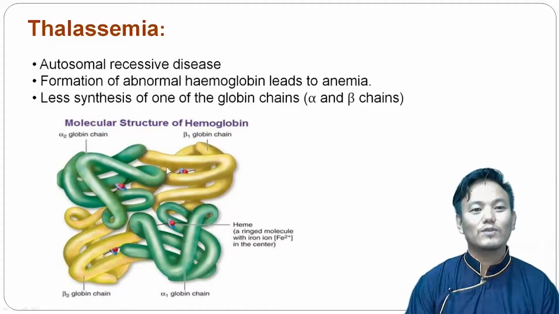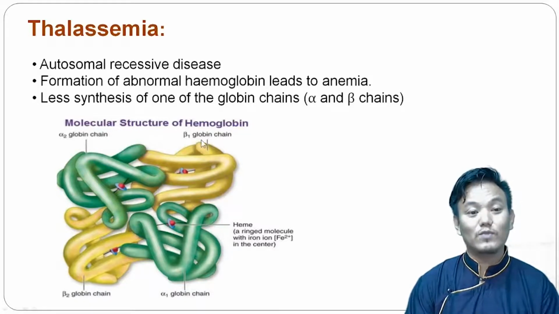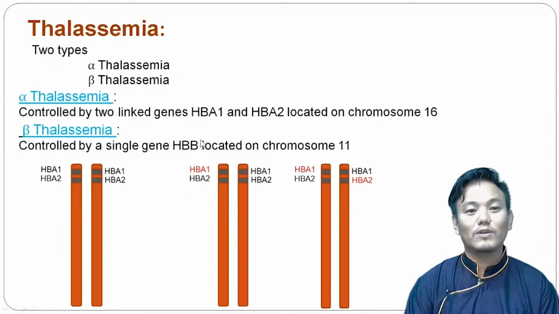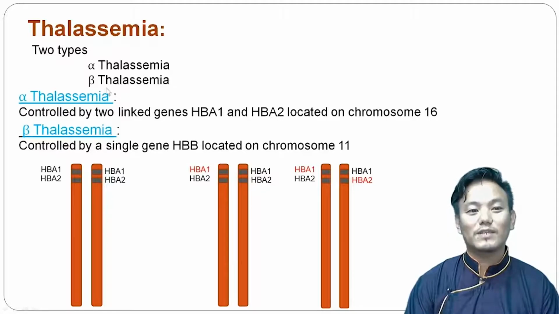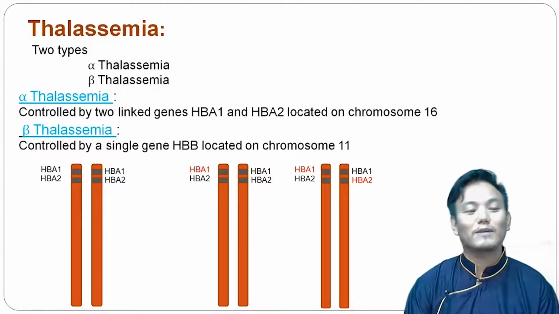Based upon which chain, alpha or beta globin, is synthesized less, there are 2 types of thalassemia: alpha thalassemia and beta thalassemia. If an individual is producing less alpha globin chains, that person will suffer from alpha thalassemia. And if a person is producing less beta globin chains, that person will suffer from beta thalassemia.